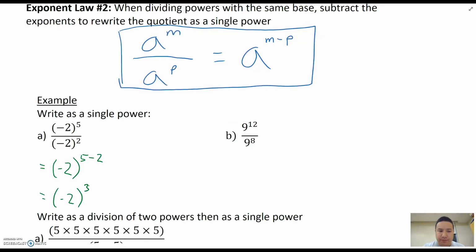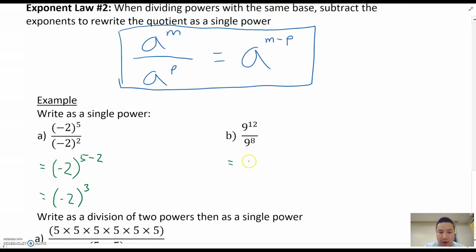Let's do another one. This one here, 9 to the power of 12 divided by 9 to the power of 8. You can imagine how messy this would be if I had to write it out in repeated multiplication form. Can you imagine writing out 12 nines and then 8 nines and then canceling them all out? It'll take so long. But we can use this exponent law as a shortcut to make this a lot faster.